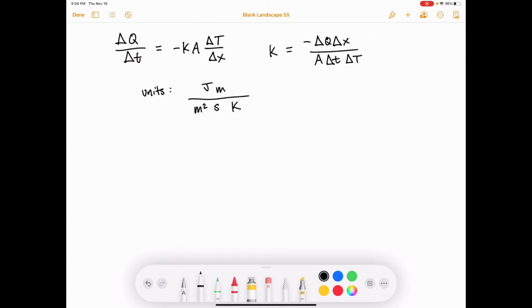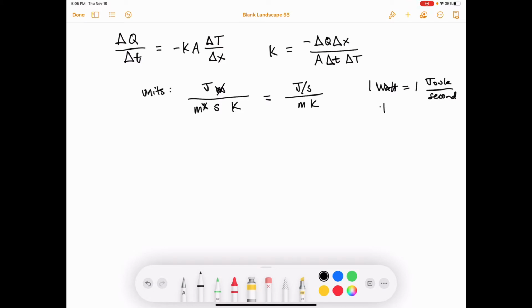So what we can immediately do is just cancel out one factor of meters, like this. And then we can notice that we can group the joules and the seconds together. So we have joules per second on top, divided by, now we have meters and Kelvin on the bottom. But I want to remind you that 1 watt is equivalent to 1 joule per second.